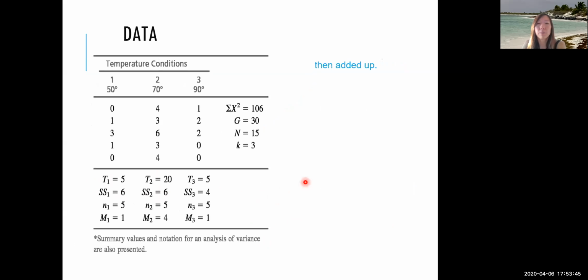And looking at this data once more, this is the sum of the squared scores. We would square all the scores first, and then add them up, which means summation, right? If we squared each of these scores and then added them all up, it's like the sum of squares, right? So we get 106.